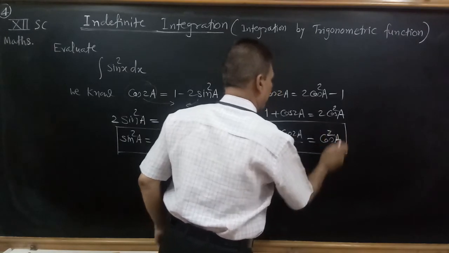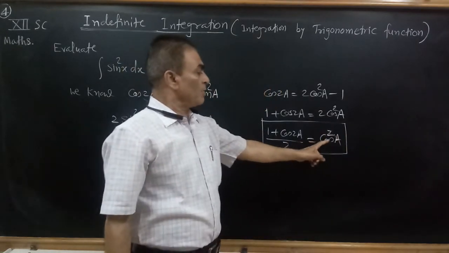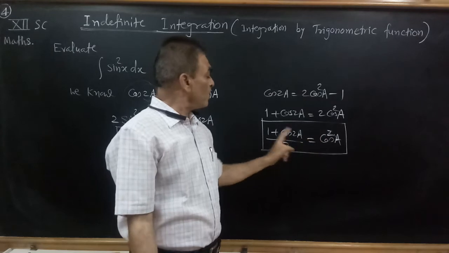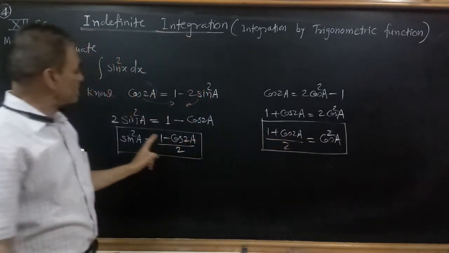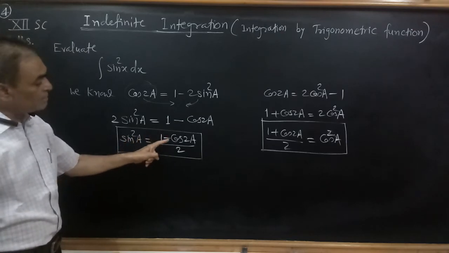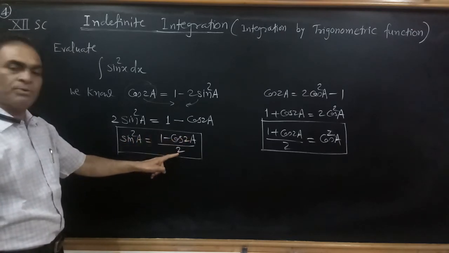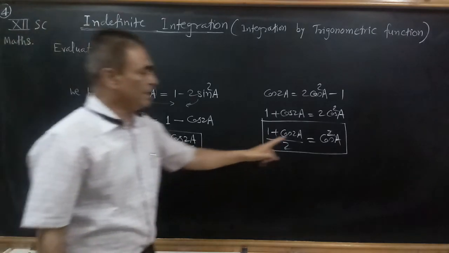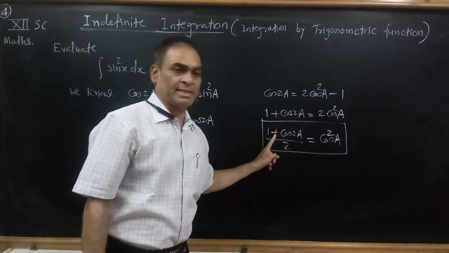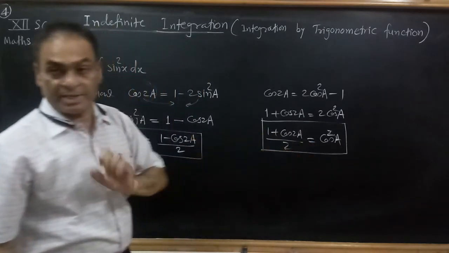Cos square a you can express as 1 plus cos 2a divided by 2, and sin square a you can replace by 1 minus cos 2a divided by 2. Means in sin square a negative sign is there, in cos square a positive sign is there, other terms are equal.